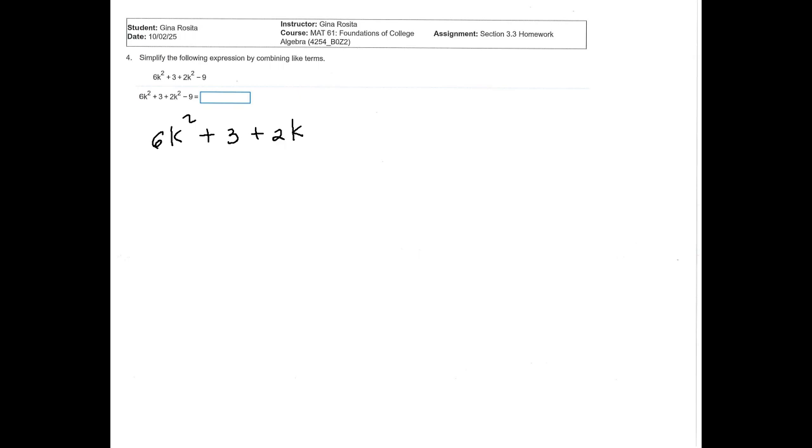I put the k squared terms together, so 6k squared plus 2k squared, and I put the numbers together, plus 3 minus 9. So the answer becomes 6 plus 2, which is 8k squared. 3 minus 9 is negative 6. Okay, this is for number 4.